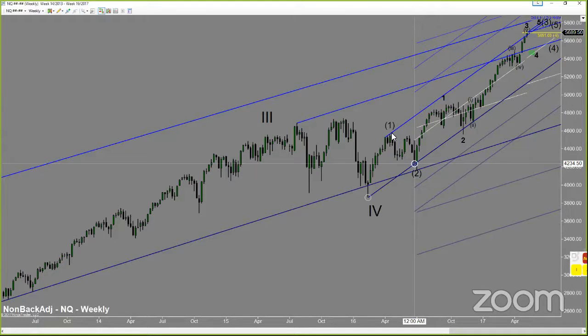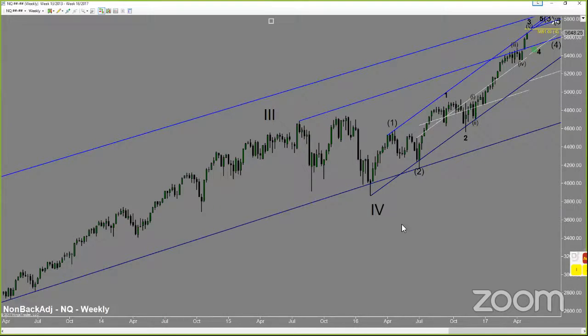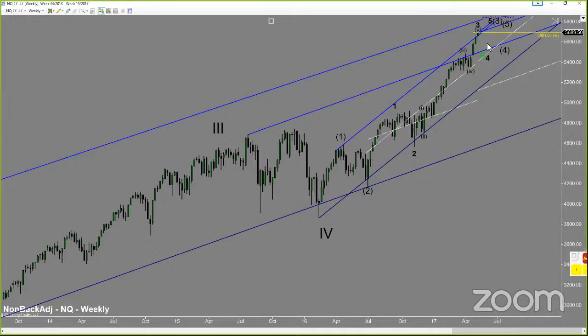And that is giving me the top of this channel coming in right here where we're overthrowing. And that is bound to put in some kind of very serious swing high. And you can see what's happening here in the weekly bars. We've got decreasing range. We've got big reversal bar up here.